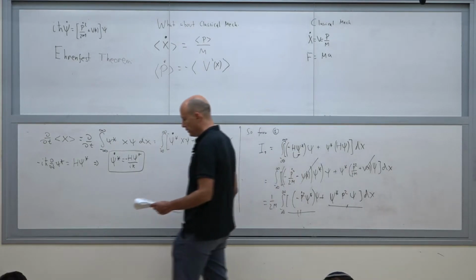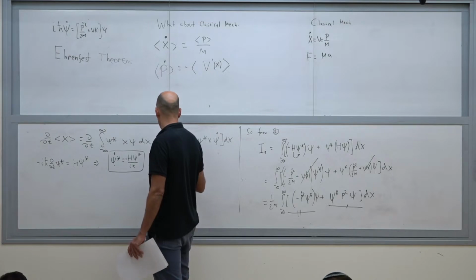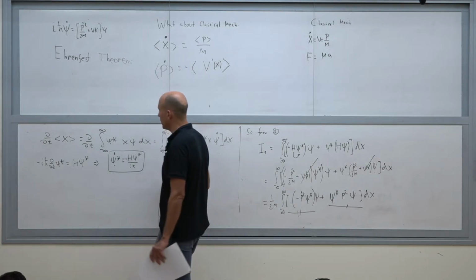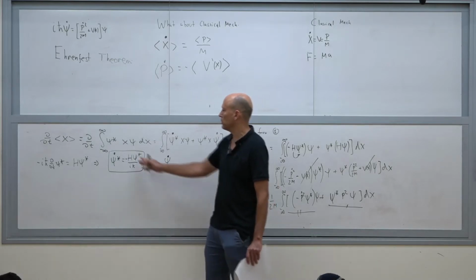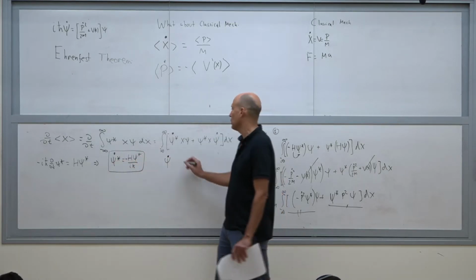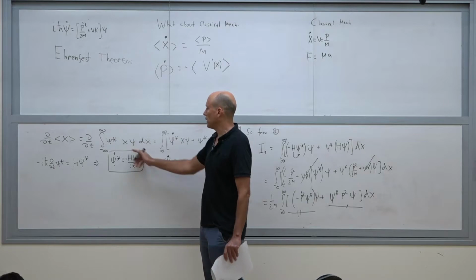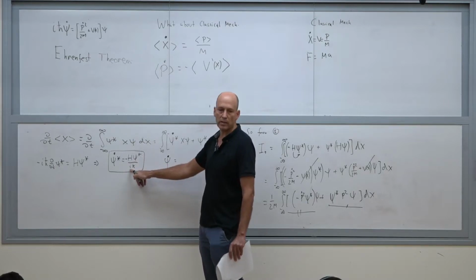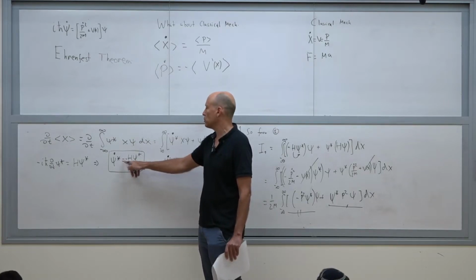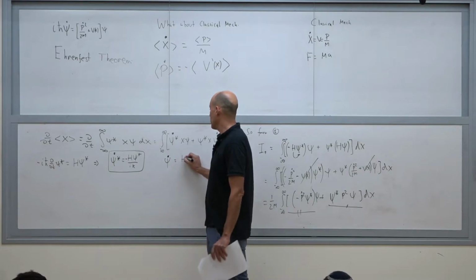And similarly for psi dot, this comes directly from the Schrodinger equation, but you can simply take the complex conjugate of this equation. What will happen if I take the complex conjugate? You see here I have i star. The i star will be minus, and this will turn into plus. So it's H psi over i h bar.